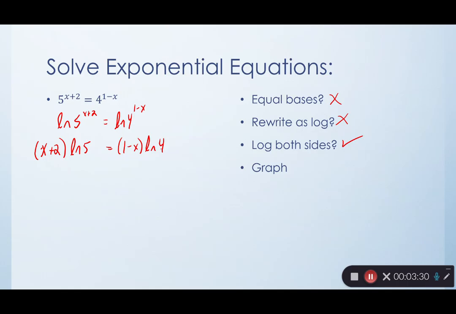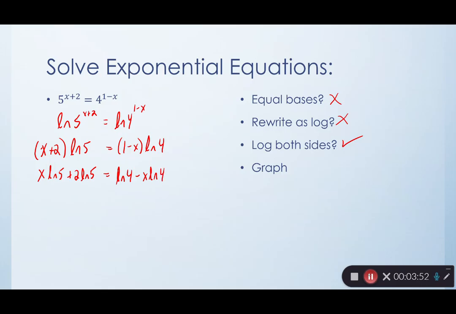So I can distribute and collect like terms, collect my terms with x's, collect my terms that are all numbers, and solve for x. All right, so I'm going to have x ln 5 plus 2 ln 5 equals ln 4 minus x ln 4.